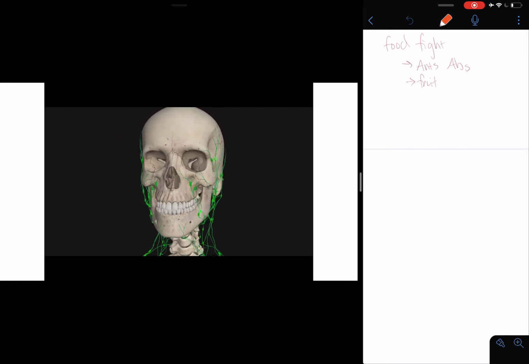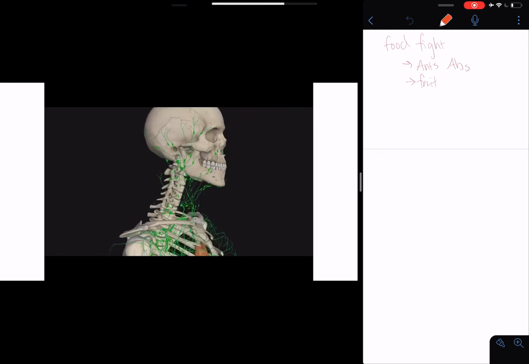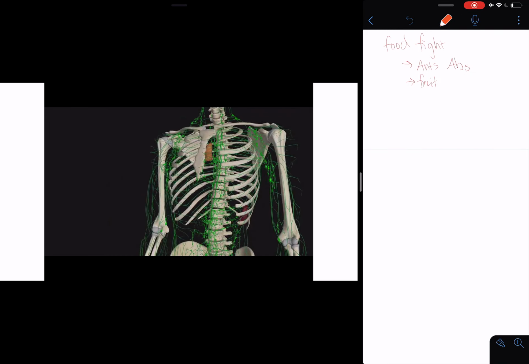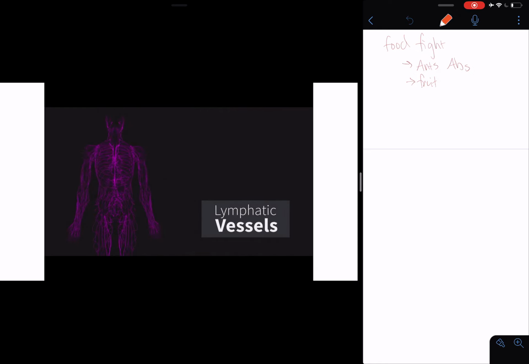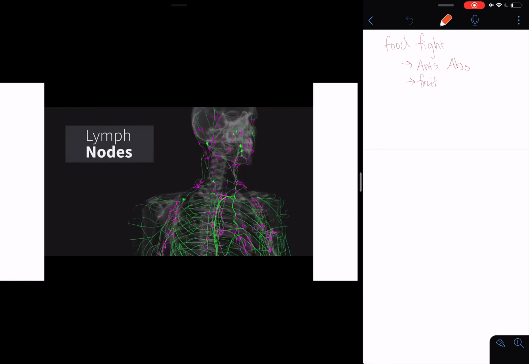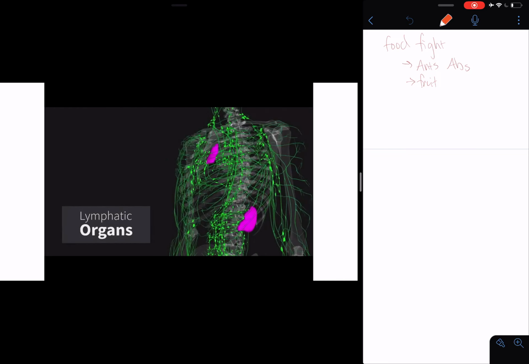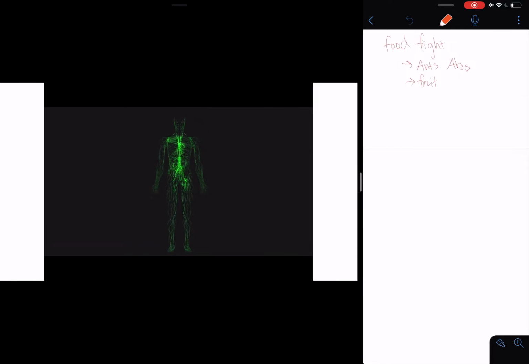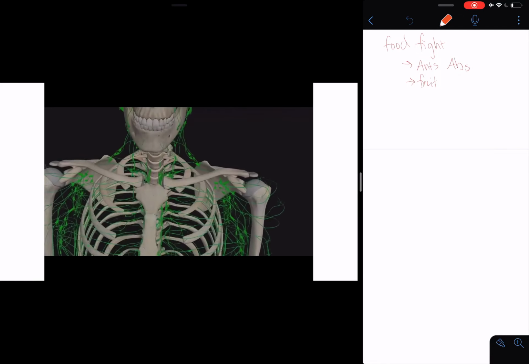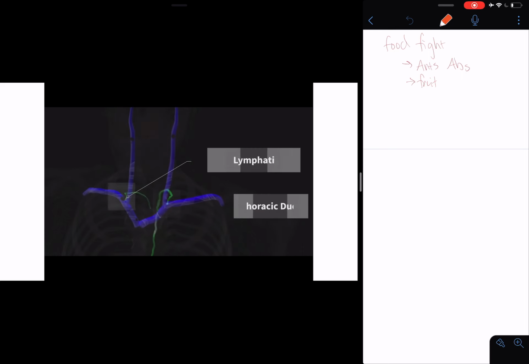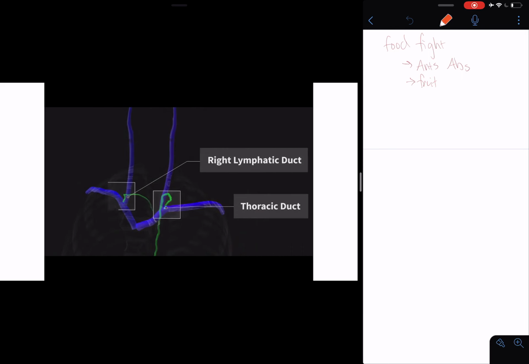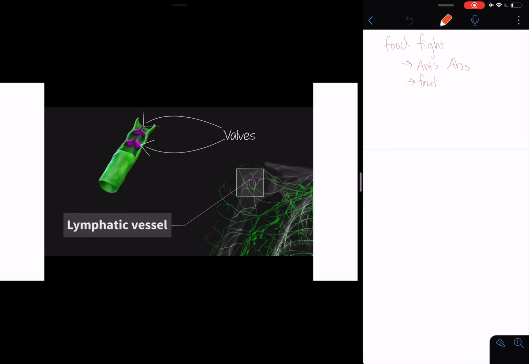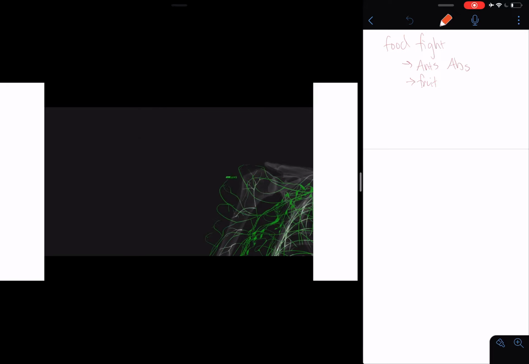The lymphatic system is a multifunctional body system. Its roles include transportation of lymph and combating infection. The components of the lymphatic system include lymphatic vessels, lymph nodes, and lymphatic organs. Lymphatic vessels form an extensive network of thin-walled vessels that transport lymph around the body, eventually emptying it into the venous system. Lymphatic vessels contain numerous valves and have a beaded appearance, bulging between adjacent valves when filled with lymph.